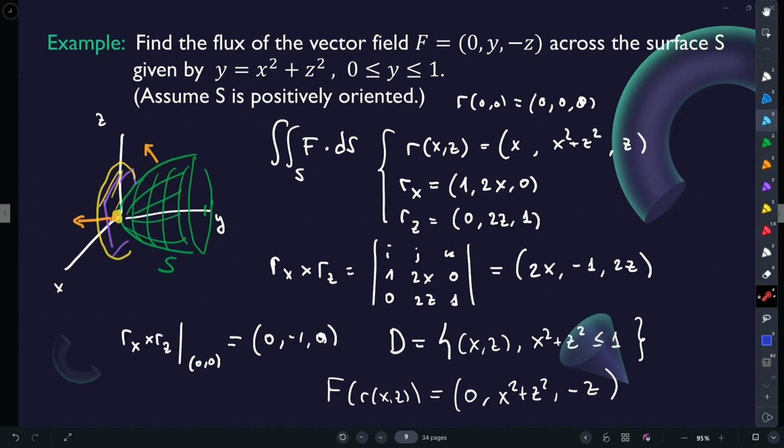I think one way to interpret it is this: consider there is some volume inside it, and how much fluid is escaping the paraboloid per second, essentially.